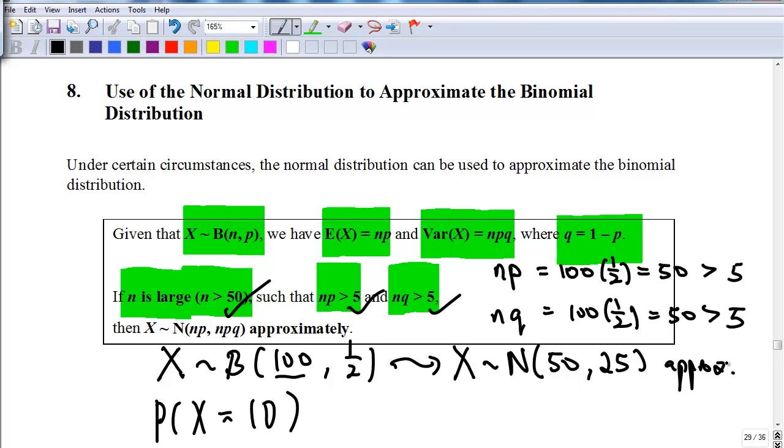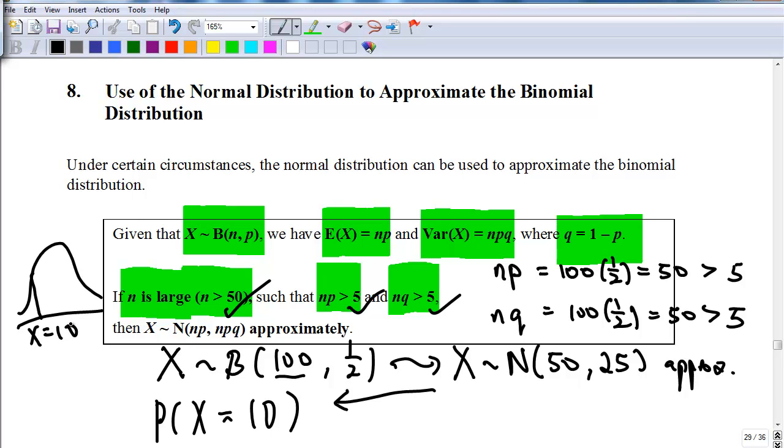If I have done the approximation to a normal distribution, then rightfully I should also be able to compute this probability. But if you look at this, this is the probability that x equals a number, 10. We all know that the normal distribution is a continuous random variable, and for a continuous random variable, the area under the graph is the probability.